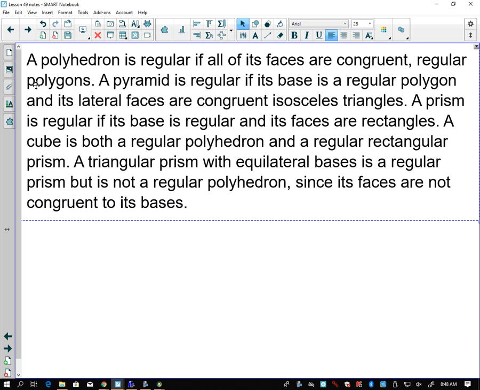It is a regular prism, but is not a regular polyhedron since its faces are not congruent to its bases. That's what makes a cube a regular polyhedron.